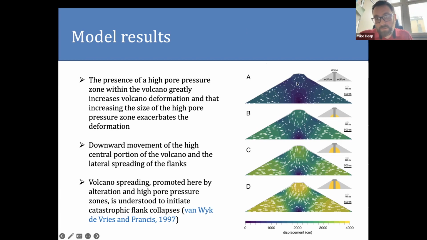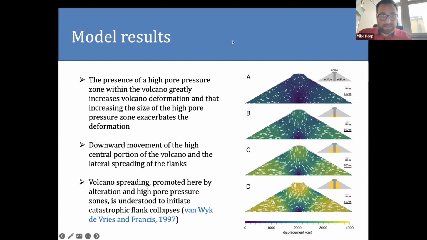So what we see is, as the alteration zone appears and we increase the size of it, the volcano is deforming a lot, by the downward movement of the volcano and the outward spreading of the volcano. So here, even though that yellow zone is stronger, it has a higher pore pressure, and this is causing the instability.